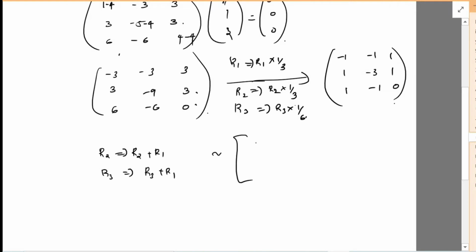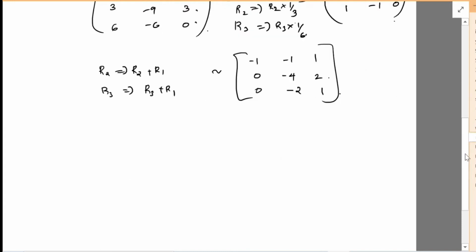So that will be minus 1, minus 1, 1; 0, minus 4, 2; 0, minus 2, 1. Okay, what is the next operation?